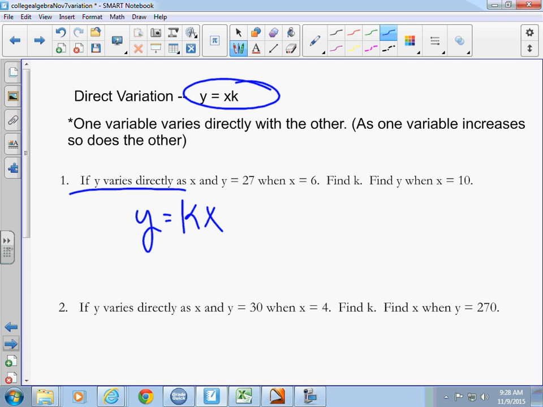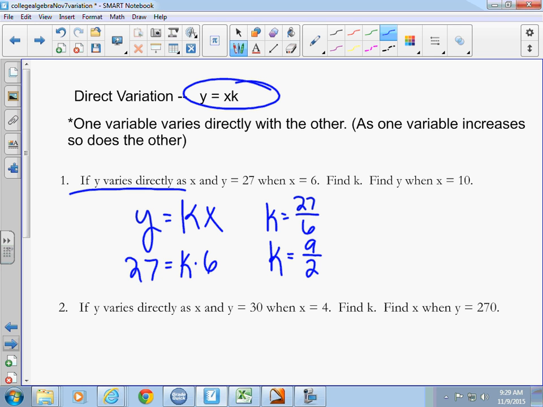So I'm going to put 27 in for y and 6 in for x. Divide both sides by 6. So k would be 27 over 6. Reduces a little bit to 9 over 2. You can also write 4.5. Either way.